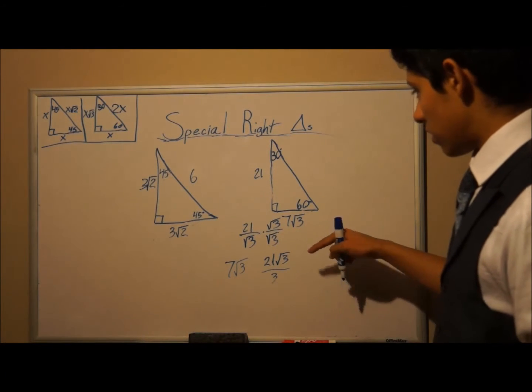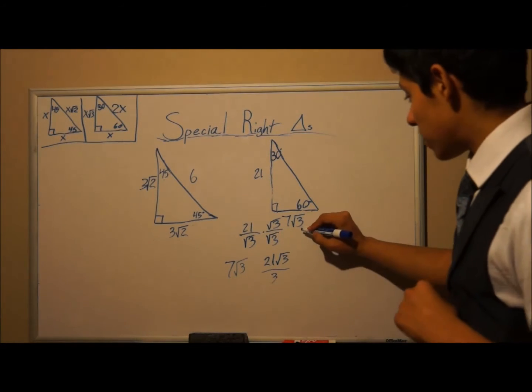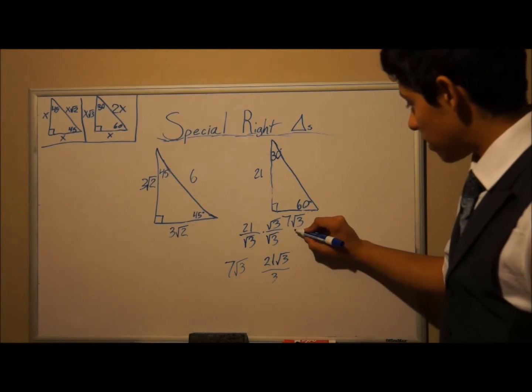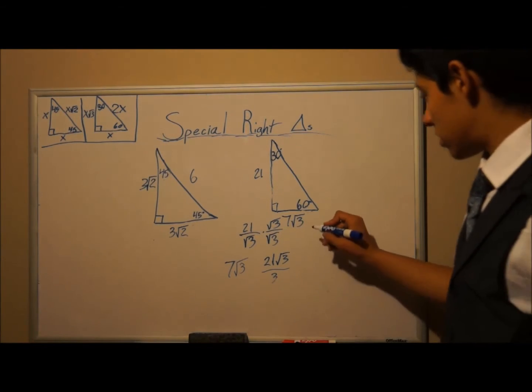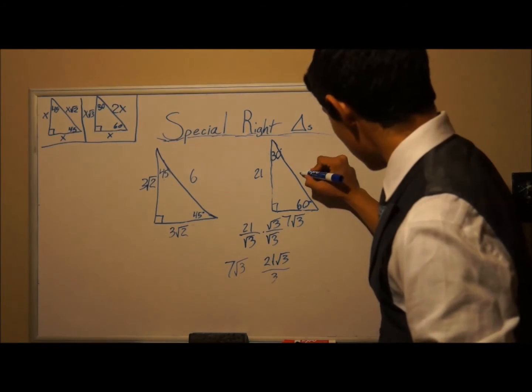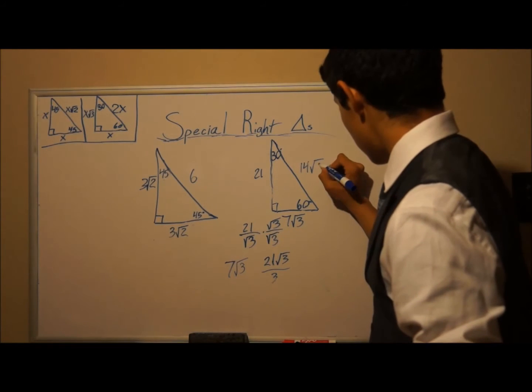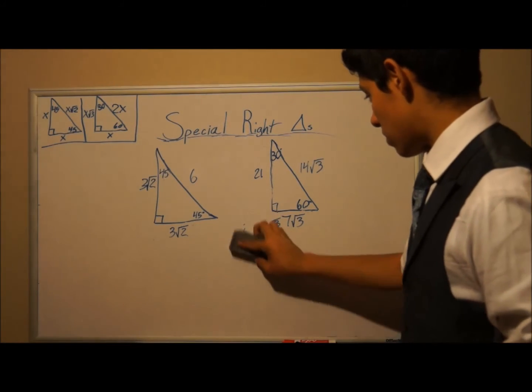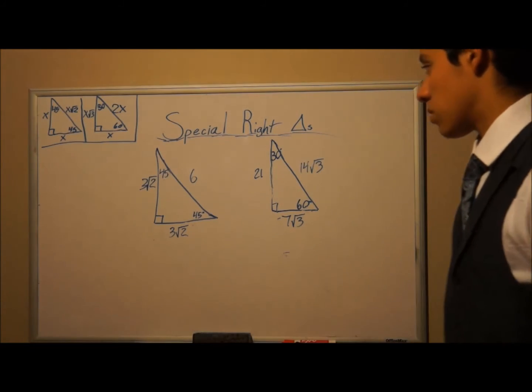So, like I said earlier, you cannot multiply a whole number, such as 2, times a square root. So it will just be 14 square root 3. And that is how you would solve for the special right triangles.